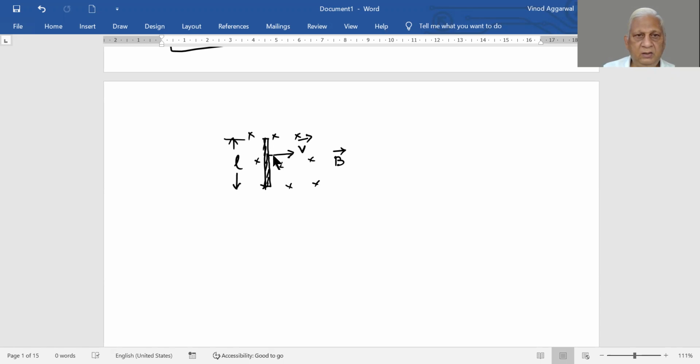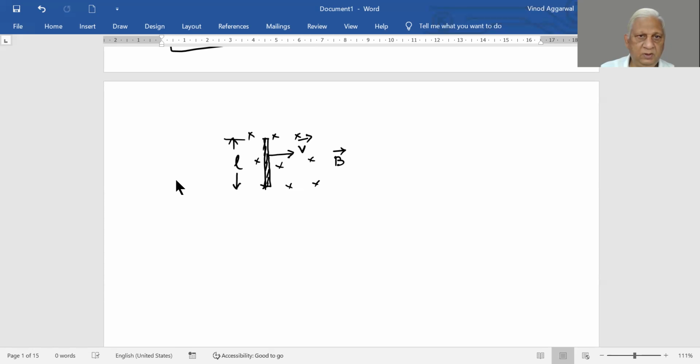This conductor L is in a magnetic field which is perpendicular to it. And then you move your conductor perpendicular to the length of the conductor. Then again EMF is generated.